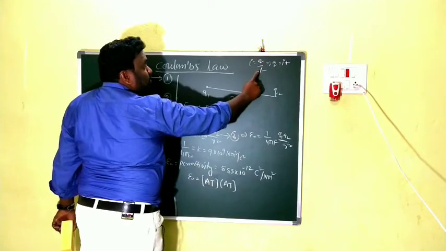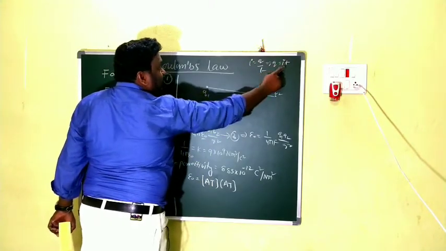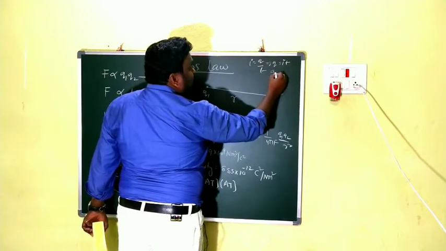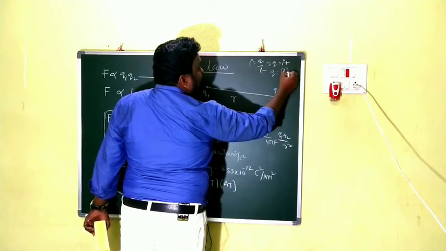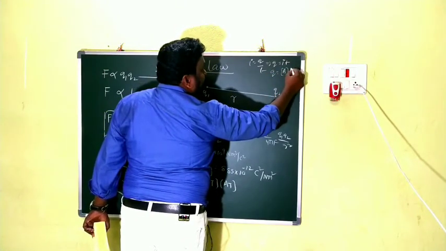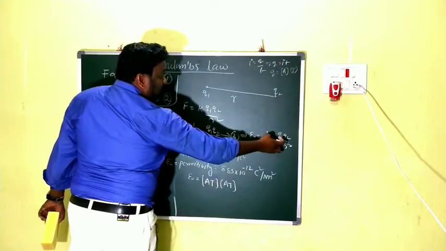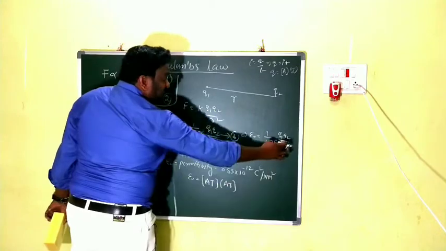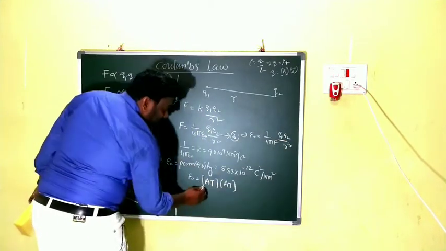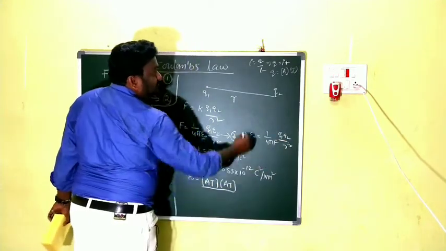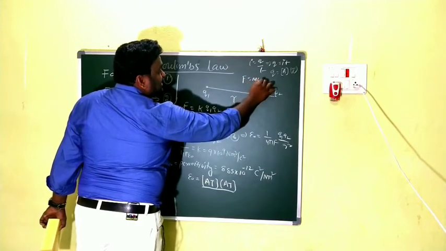I is equal to Q by T, from that Q is equal to IT. Now the dimension formula of Q: for current we write ampere A and time capital T. In that formula, instead of Q1 we write AT, instead of Q2 we write AT, divided by F. F is force, MLT inverse 2.